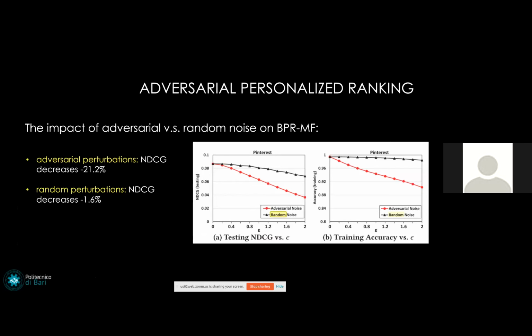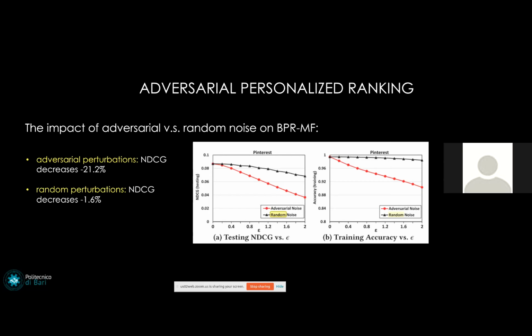The second question, as we said, is: now that I'm creating this adversarial noise, how does it compare with random noise? As you can see in these curves, for a given dataset, Pinterest, the authors showed a large difference between adversarial noise and random noise when added to the model parameters of BPRMF.